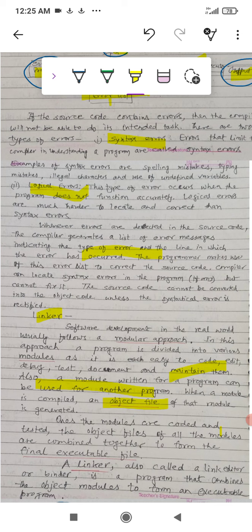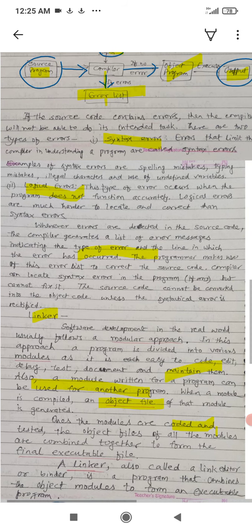So once the modules are coded and tested, the object files of all the modules are combined together to form the final executable file. So this is the process for linker.